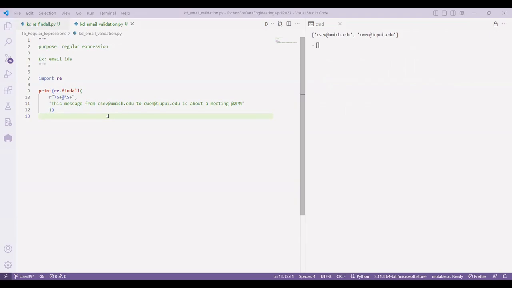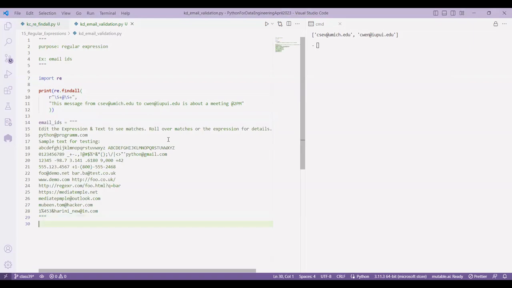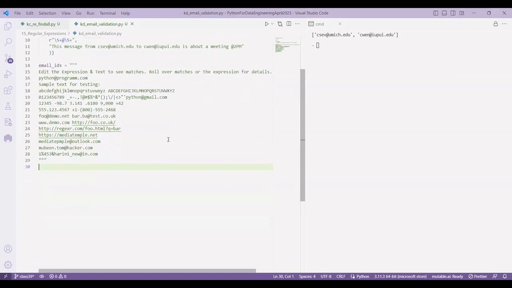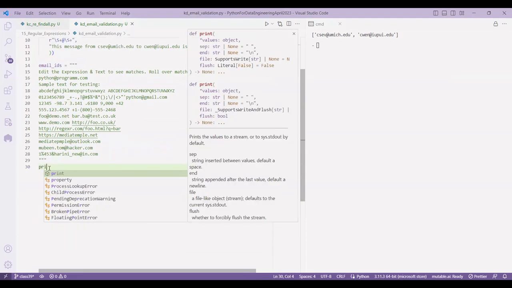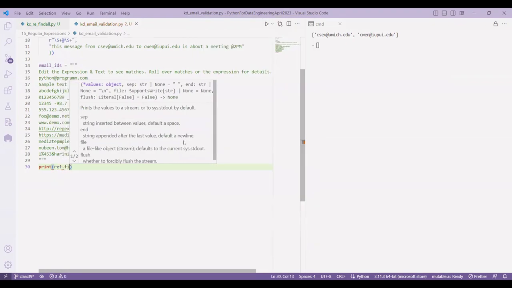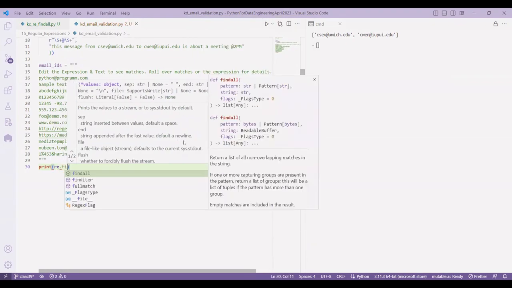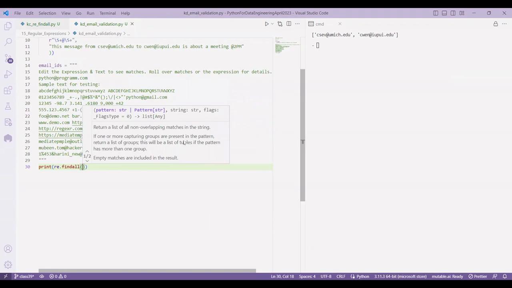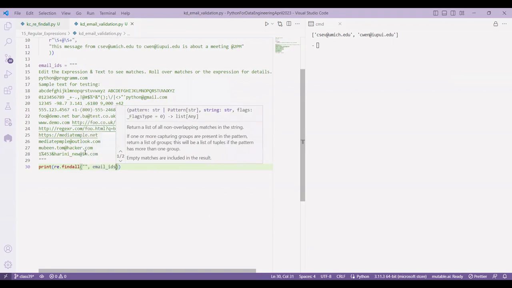Or else you can write a very complex pattern also. In fact, this doesn't work in all the cases. Just to give one use case, similarly, if I have a big string of email IDs, can I do the same for this also? I have a string right now. So I can say print of re dot findall of whatever pattern we have first, and the second one is the target string.